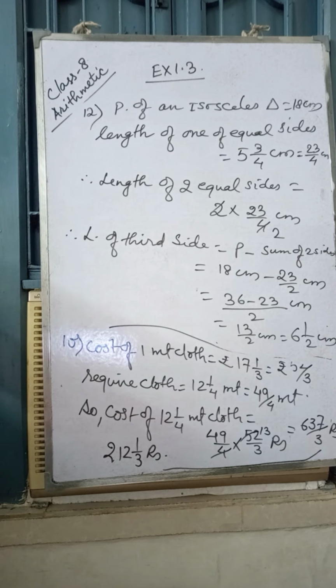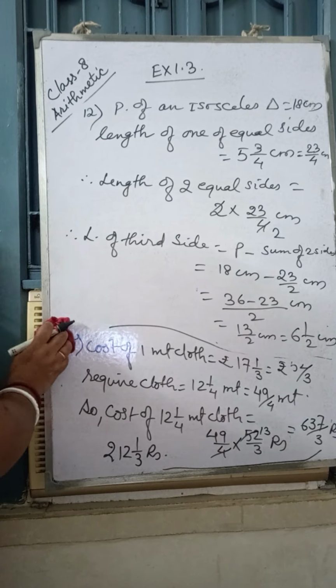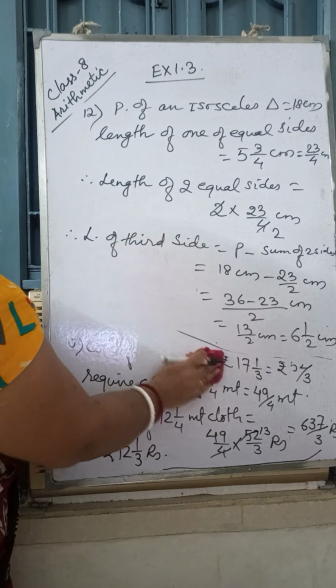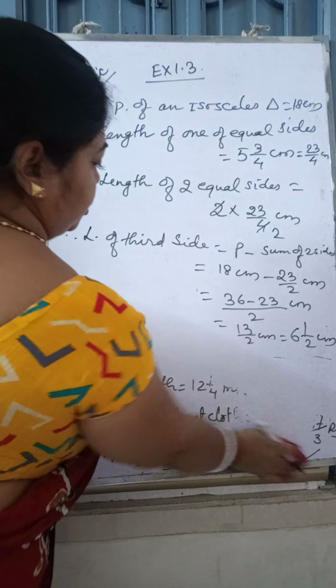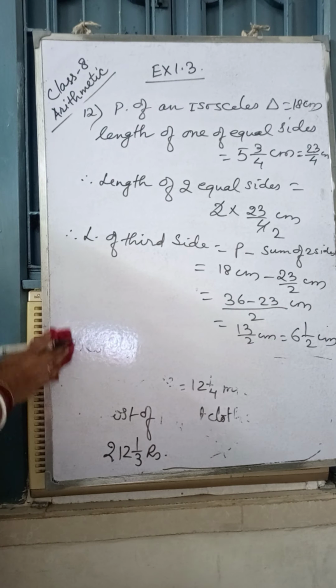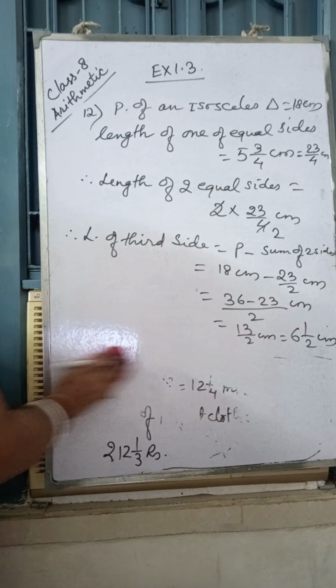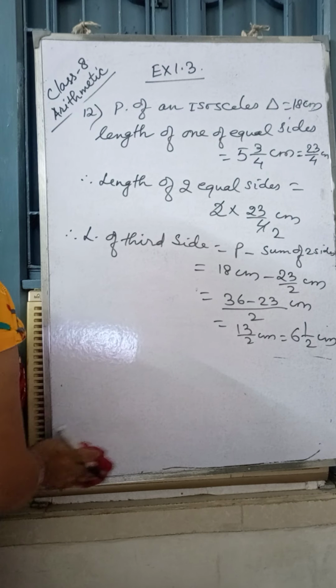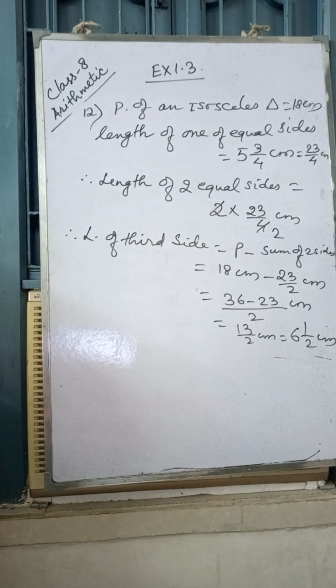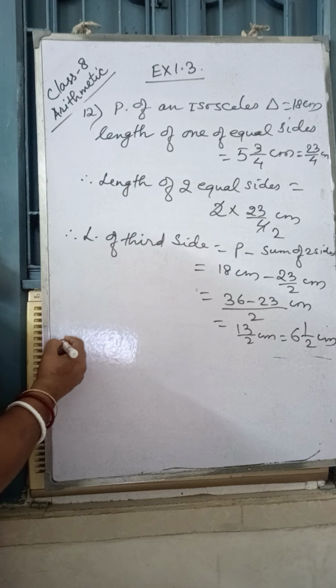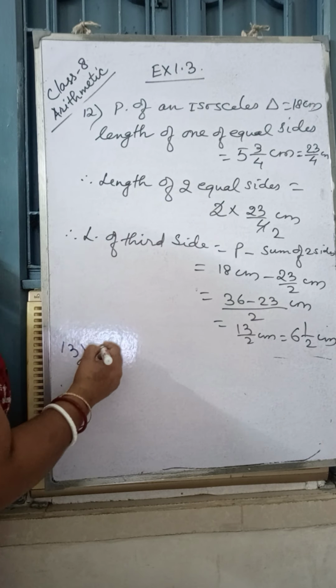It says a man had rupees 90. He bought 2 whole 1 by 2 dozen eggs at rupees 22 whole 3 by 4 per dozen. So what is the money left with him? He had 90 rupees in total. What is the cost of 1 dozen eggs?